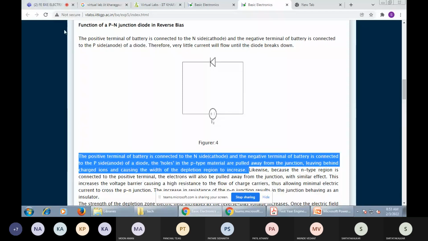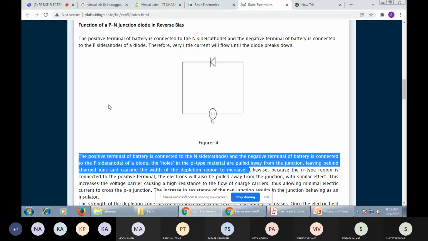That's why the battery's positive terminal is connected to the P region, and the negative terminal is connected to the N region.